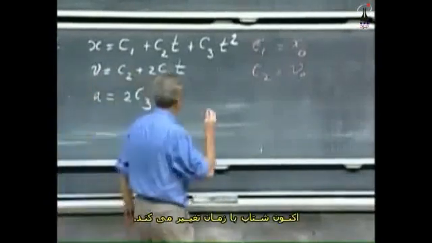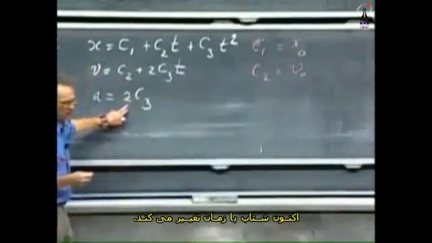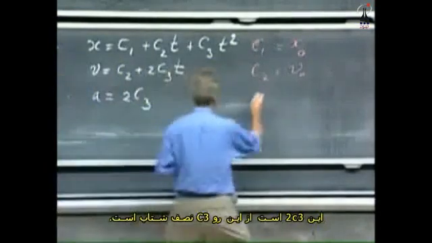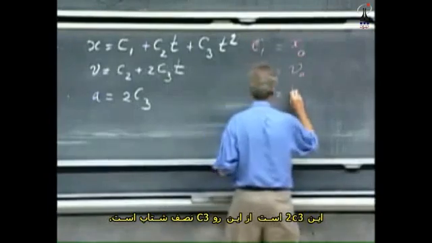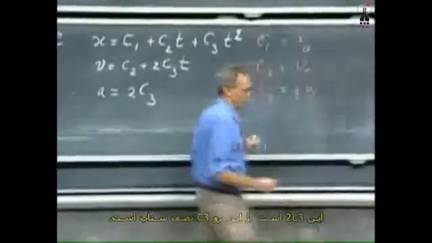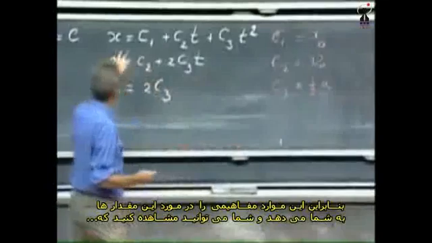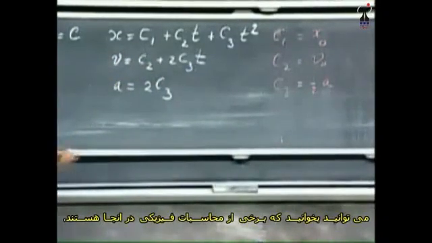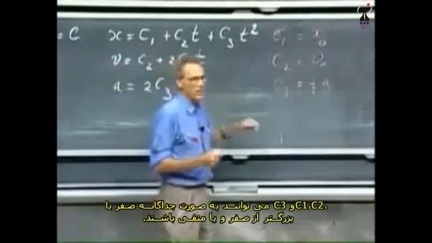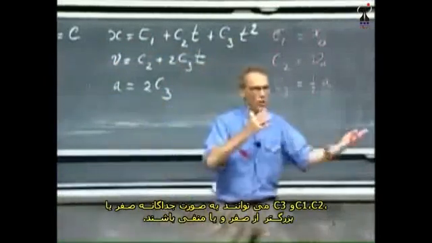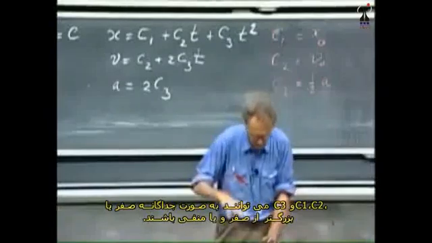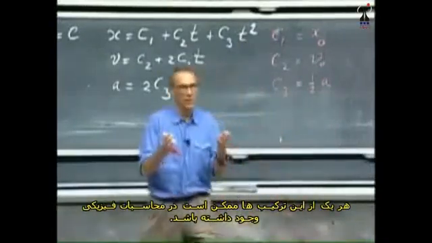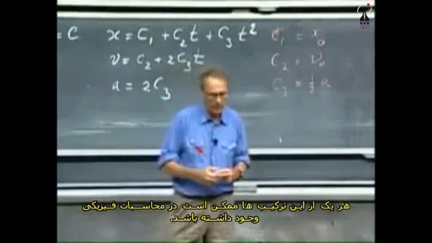And the acceleration is not changing with time, it is 2c3. Therefore, c3 is half the acceleration. So this gives you some insight in the meaning of these quantities, and you can read now some physics in there. c1, c2, and c3 can independently be either 0 or larger than 0 or negative. Makes no difference. Each one of these combinations is a valid possibility in physics.